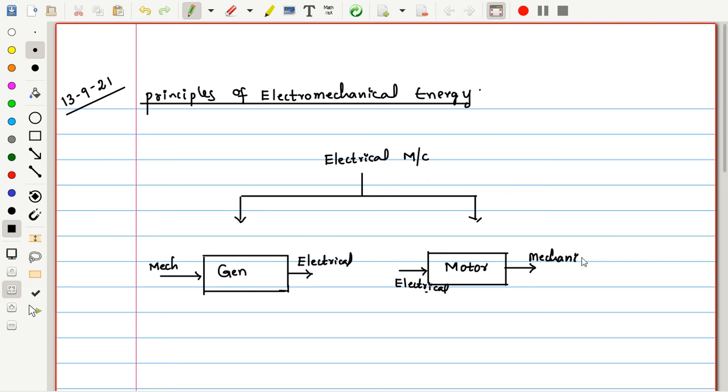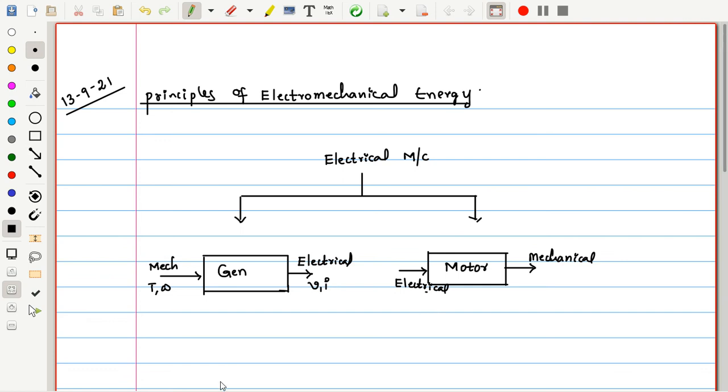And we stated previously the corresponding domain parameters. If it is the mechanical domain, we talk about torque and speed. If it is the electrical domain, we talk about voltage and current. In the same way for the motor.